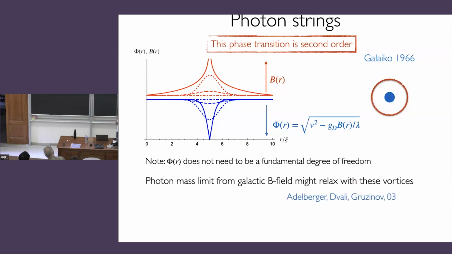And such a phenomenon was actually already in use by Eric Adelberger and Andrei Gruzanov to relax the photon mass limit from galactic B field by assuming there are these vortices inside the galaxies. Okay, so if you are interested, I think this is a very interesting paper. Okay, so that's all about the photon vortices.